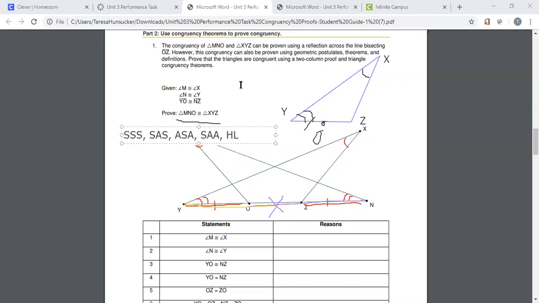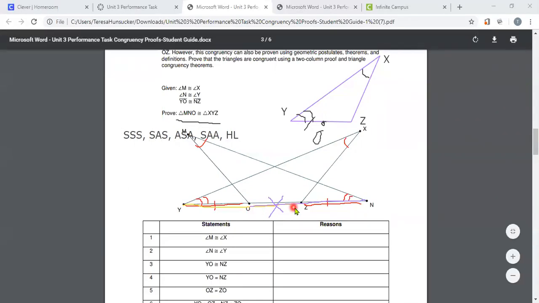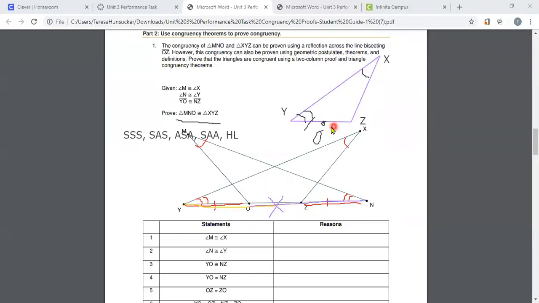So here's the plan. Seeing how OZ is shared by both triangles, this part right here, we can say that OZ is congruent to itself by the reflexive property.